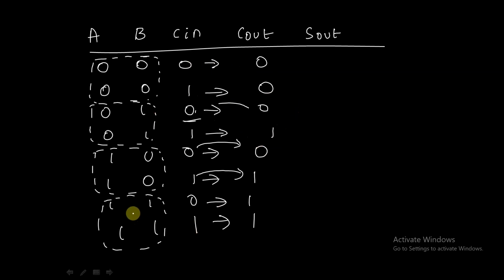And if you observe carefully, whenever my A is equal to 1 as well as my B is equal to 1, then only my carry is being generated. Here you can see initially the input carry was 0, output carry is 1. Input carry is 1, output carry is 1.